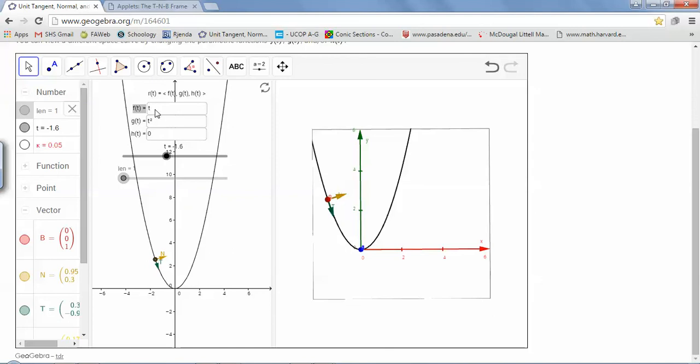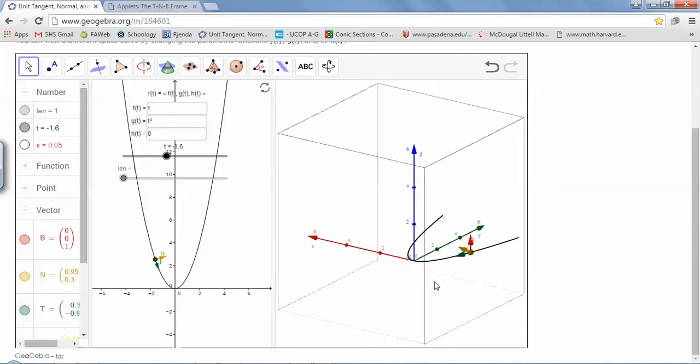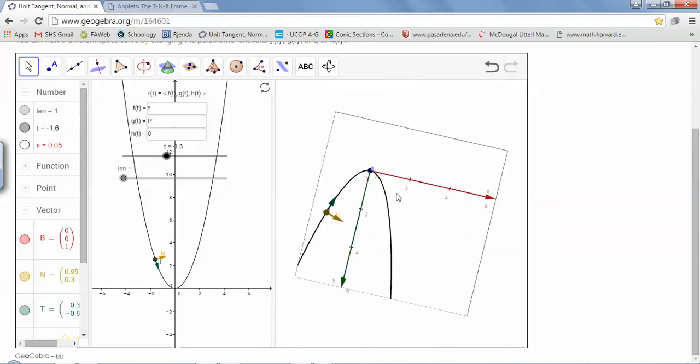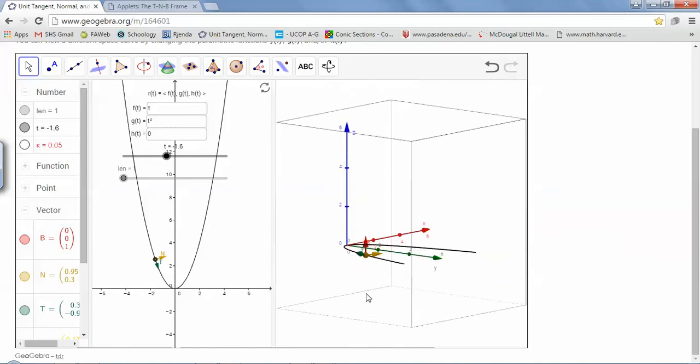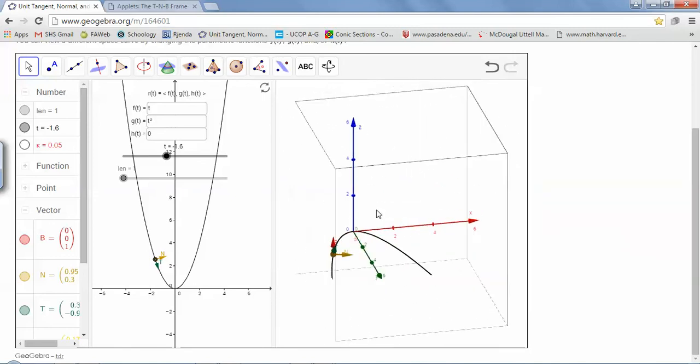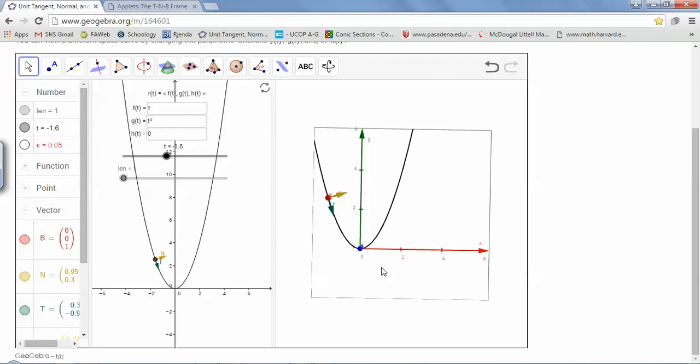I inputted the function t squared, and I just made the z value 0, so over here it's a 3D picture. But in 2 dimensions, I need the x and y axis. Sorry, this is a little ugly. There we go. So we're looking at it essentially straight down above the z-axis here.